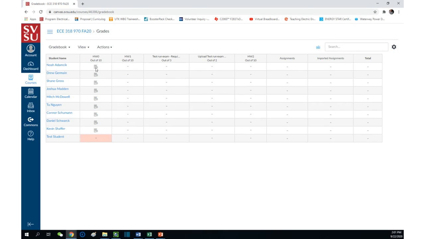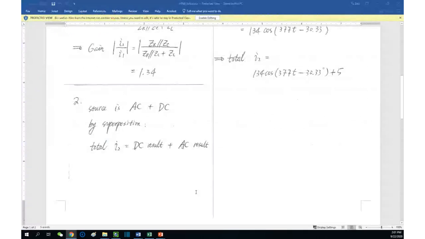If I return the graded homework, you can know your grade as well. So that's why I'm not relying on this Canvas grade. Okay, we can move on here.